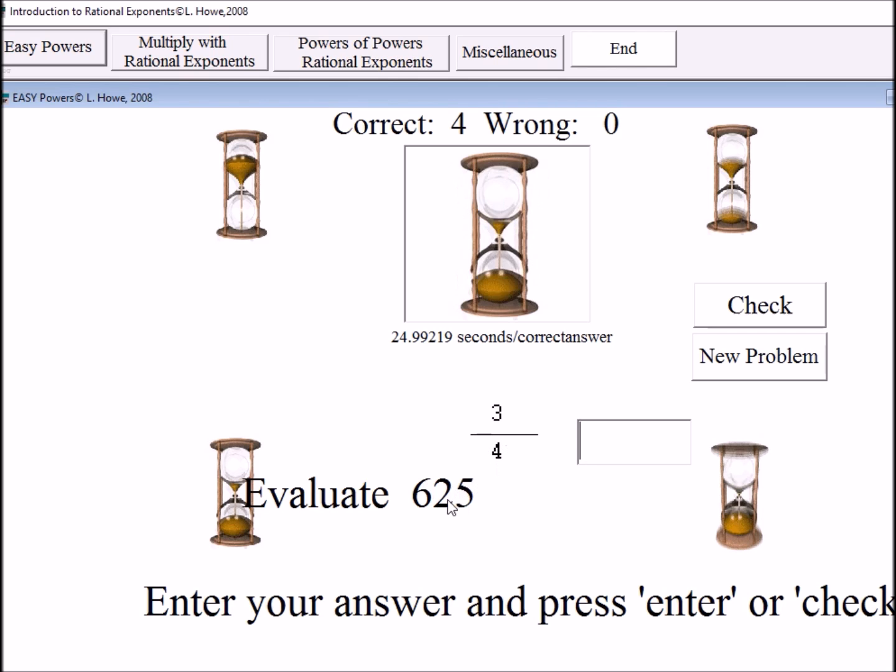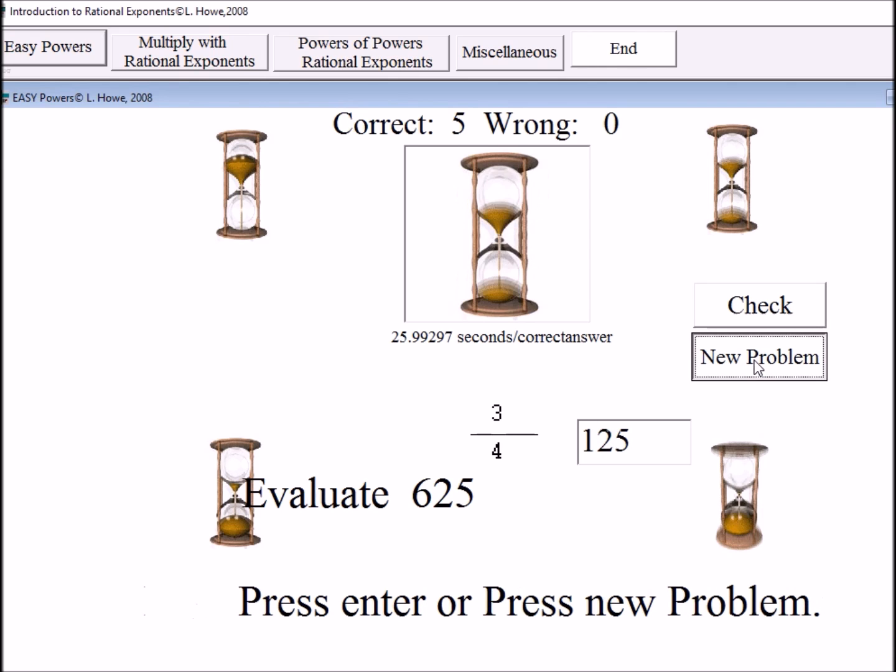Check. New problem. The 4th root of 625 cubed. Well, with all these 25s, I bet you anything that 625 is 5 times 5 is 25 times 5 is 125 times 5 is 625. I bet you this 4th root of 625 is 5. 5 cubed, 5 times 5 is 25 times 5 is 125. You can do it in your head. New problem.